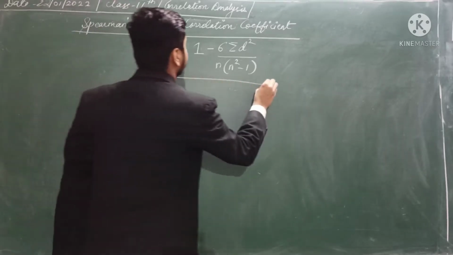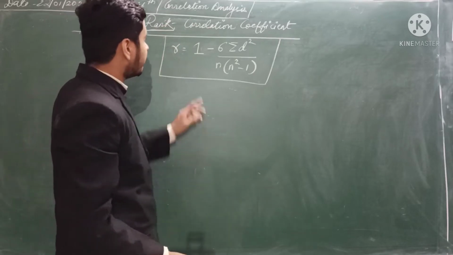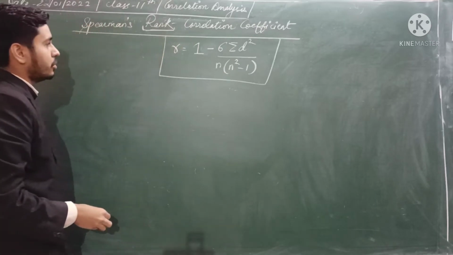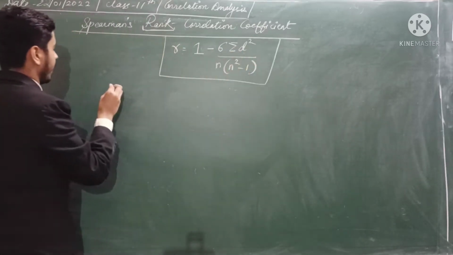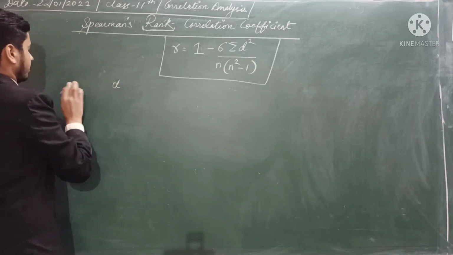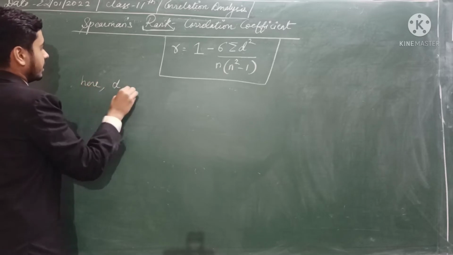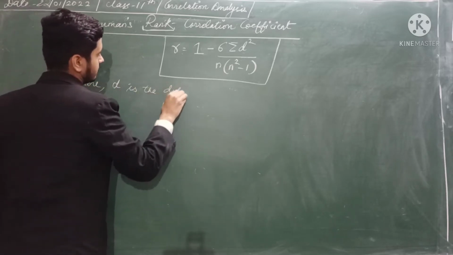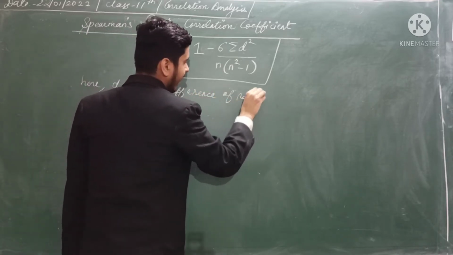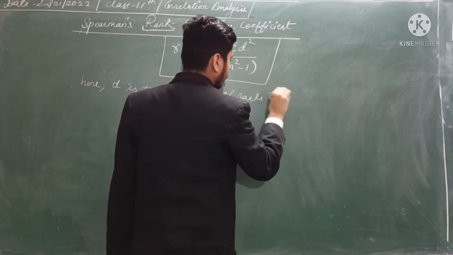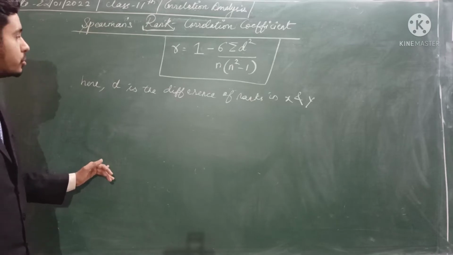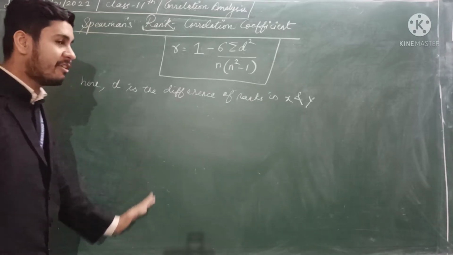First of all, please write this formula of Spearman's rank correlation, where R denotes the correlation coefficient, with summation of D square. First of all, D is the difference of ranks in X and Y. I'll tell you how to give rank to the particular X variable and Y variable.